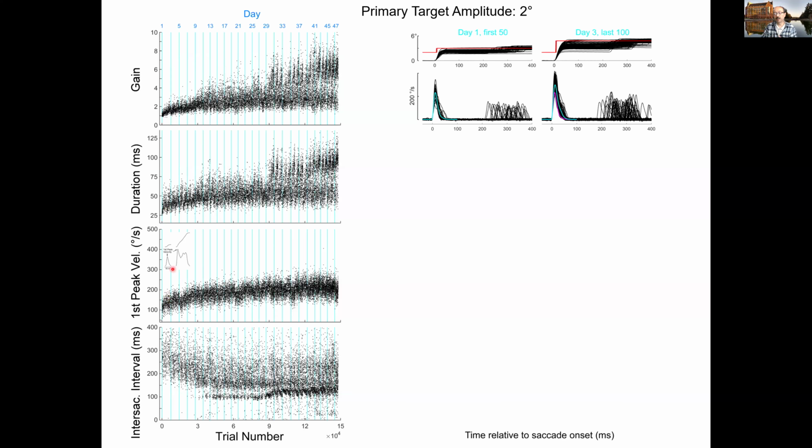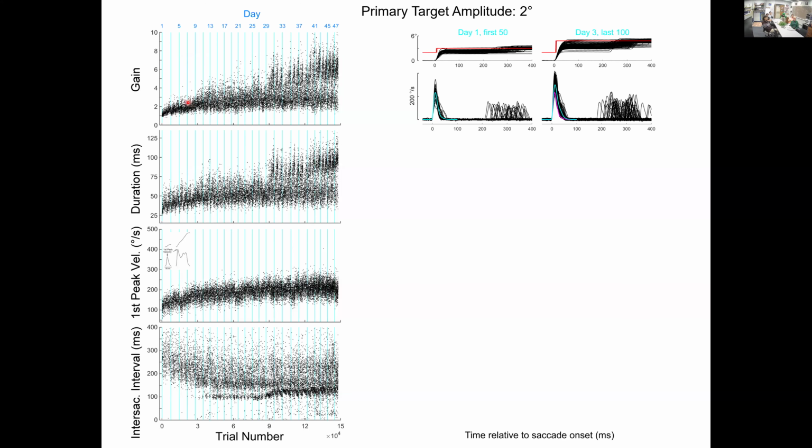I choose the first peak velocity because the velocity profile of the saccades can become bimodal as adaptation progresses, so only the first peak velocity is measured. And the last one is the intersaccadic interval, which is the interval between the end of the primary saccade and the beginning of the corrective saccade.